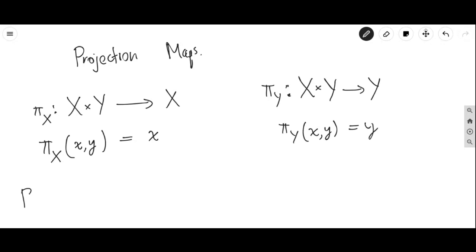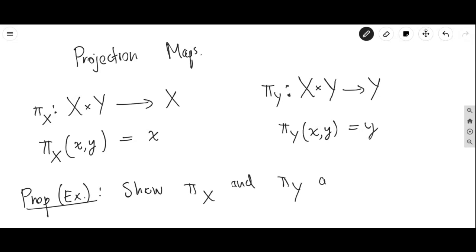It's a very easy proposition, which I'm going to leave as an exercise. What you show is that pi X and pi Y are continuous maps between topological spaces. X is a topological space, so is Y, and then you topologize the Cartesian product with the product topology, and pi X and pi Y are continuous maps.